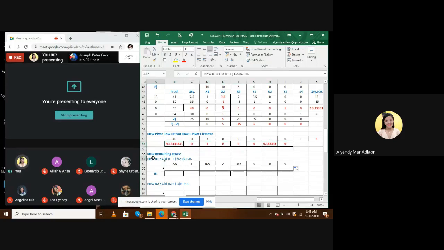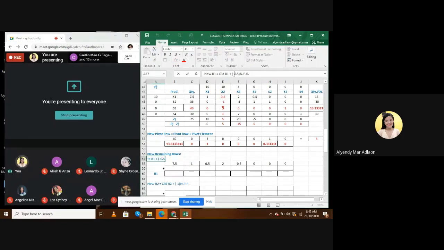I-multiply siya sa element or sa amount or sa value nga naka-highlight diri. Now, since naman ta sa row 1, ang amount nga naa sa optimum column is kaning 0.5, no? Di ba naa siya sa optimum column. So, ang new pivot row, i-multiply nato di siya sa 0.5, no?